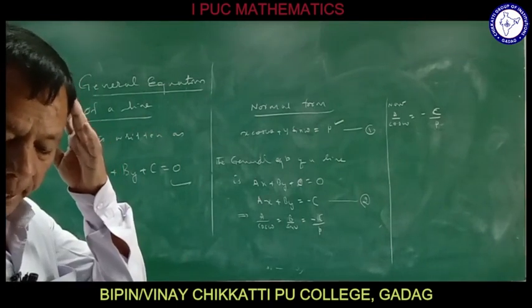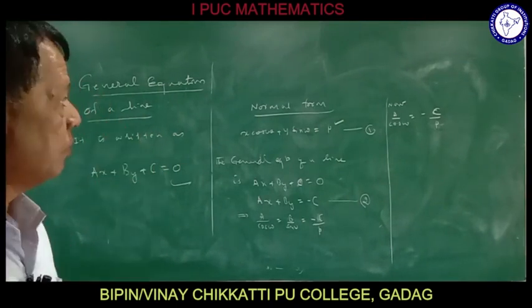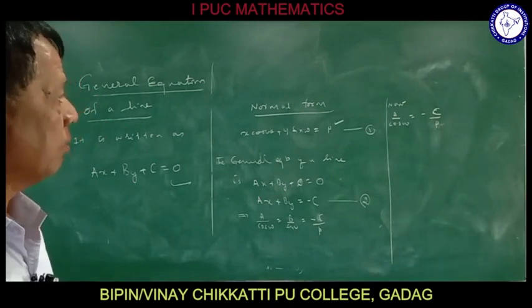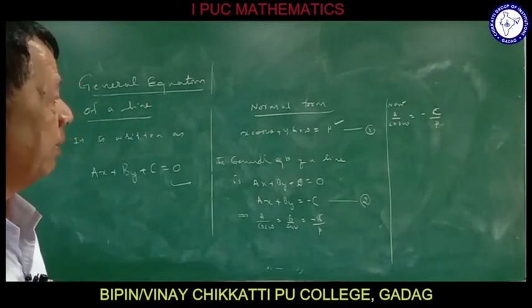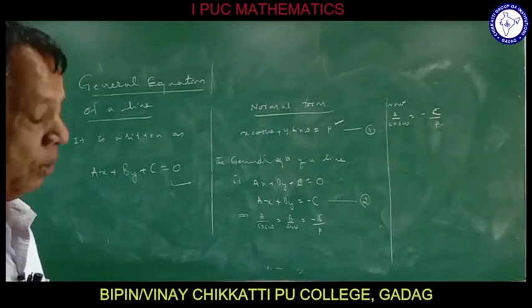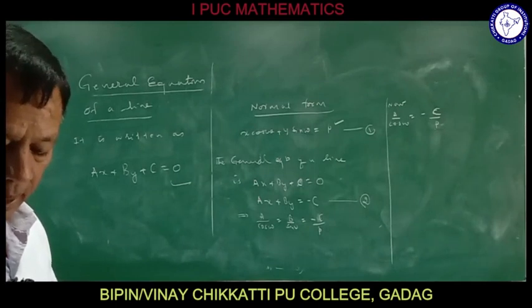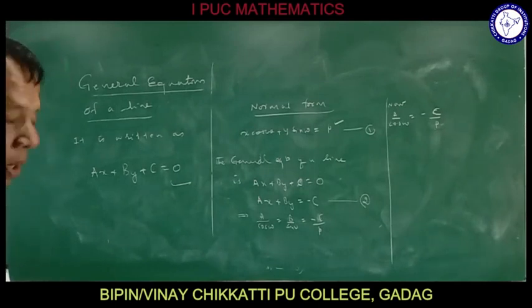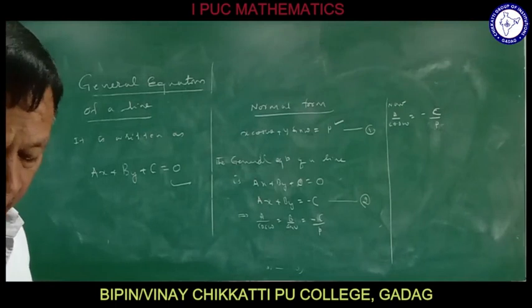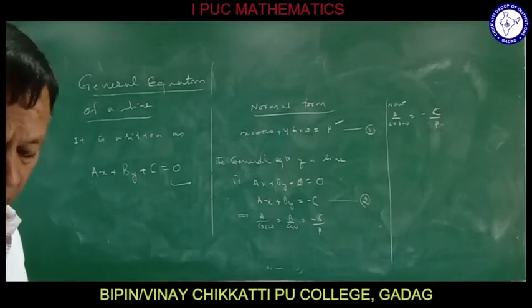So cos omega is compared with c and p, so cos omega is a into p. You have to write a into p divided by c, and here you have to go likewise. So one can say that the comparison is to be done, and accordingly you have to tell the results.